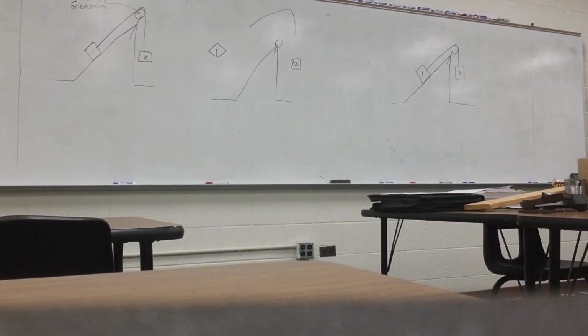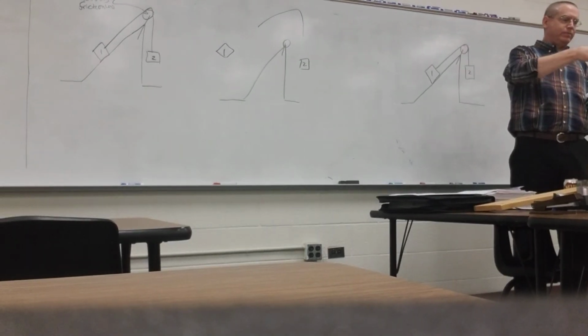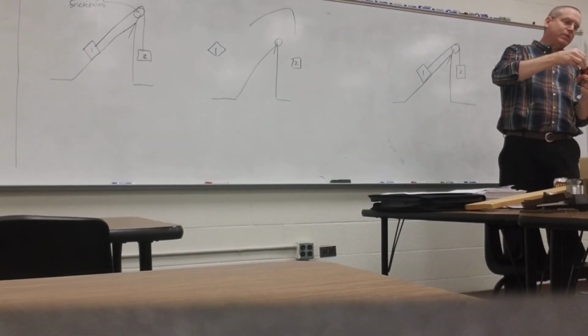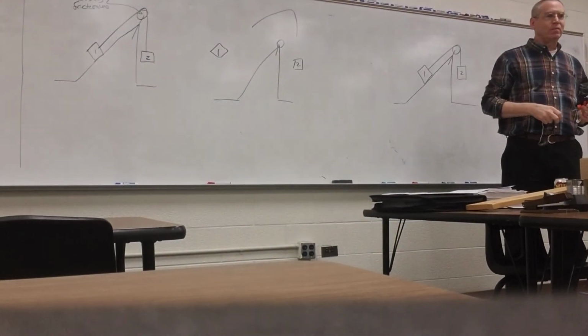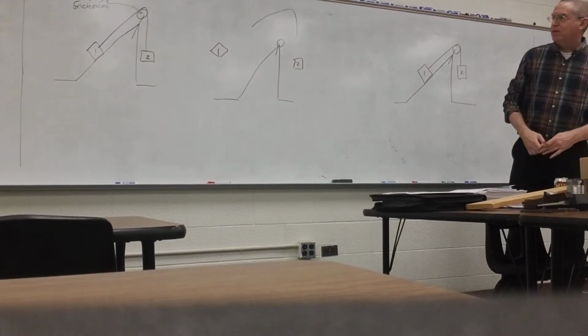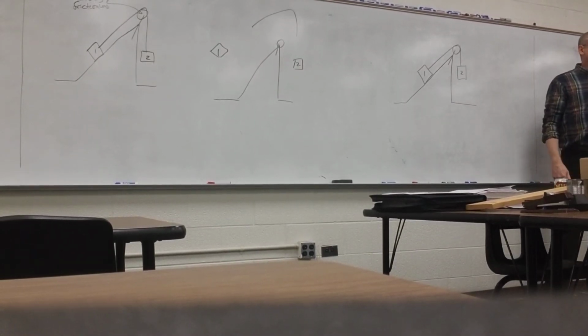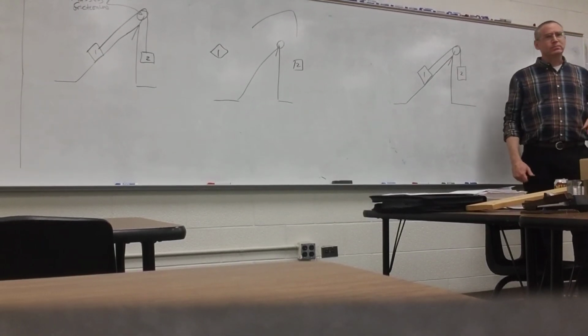If this were an ideal pulley and an ideal rope, the rope is just going to slide over it, and the pulley doesn't turn. That's what I'm talking about. Pulley rotation, we will get to in chapter 9 or 10, somewhere around there, when we add friction between them.